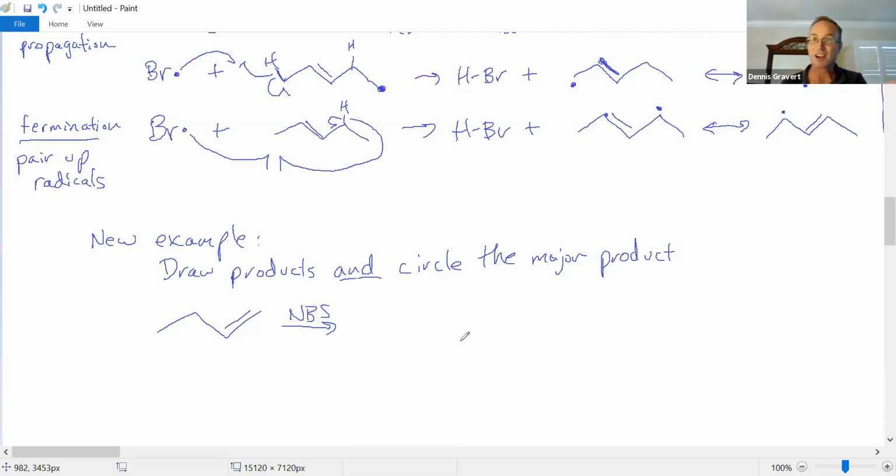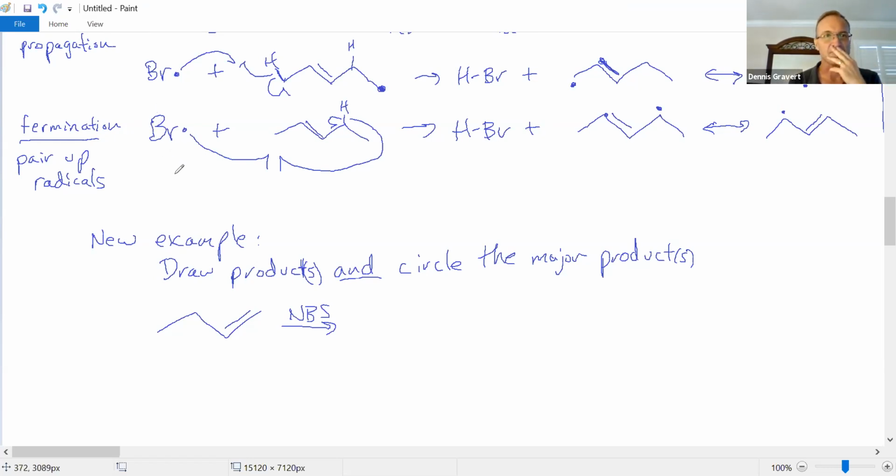Circle, draw all the products, all the possibilities, but then among them, circle the one, or maybe there might be some ties. So maybe circle the major products. And maybe I'll put a little parentheses around this because it's possible you only have one product. So there we go. Okay, so how do you solve this? Well, you could do it the long way. Draw all the steps of initiation, propagation, termination.